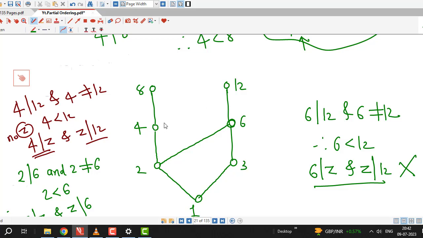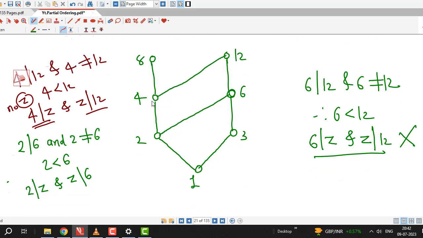Therefore I have to consider a line segment between 4 and 12, and 8 and 12 are not related, so I will not consider any line segment between 8 and 12. And because they are not related, the circles for 8 and 12 are in parallel.